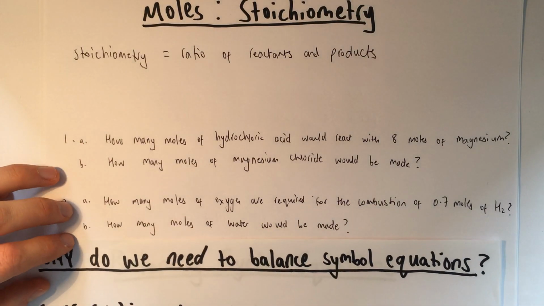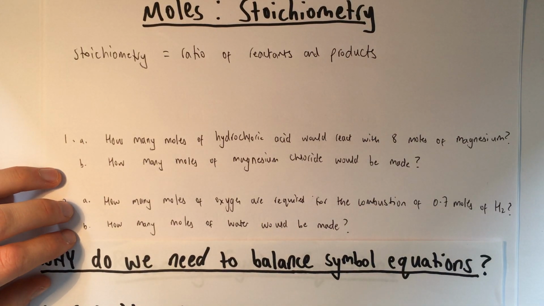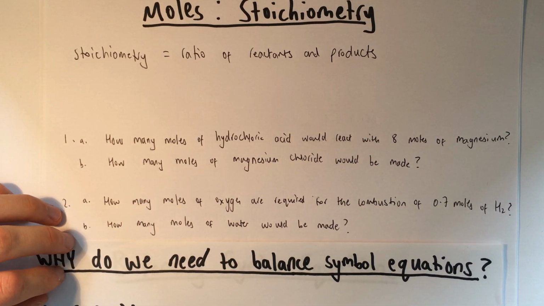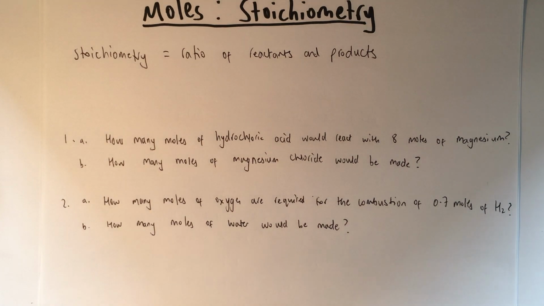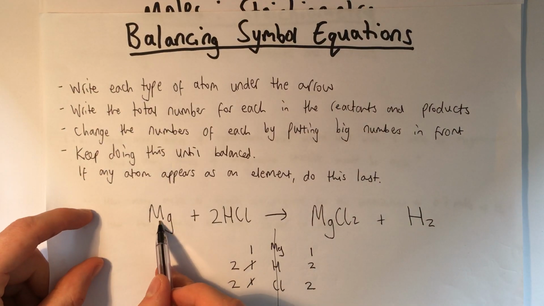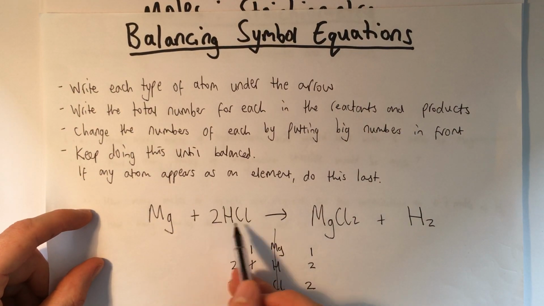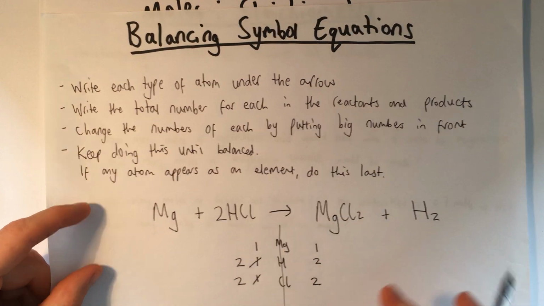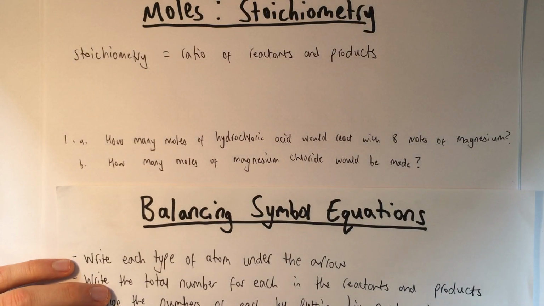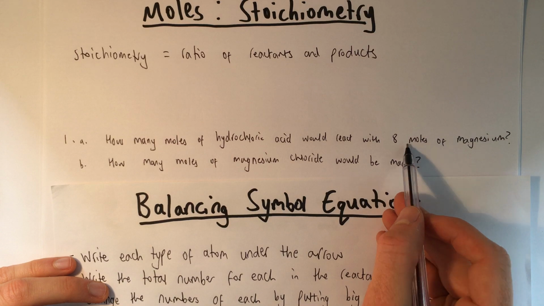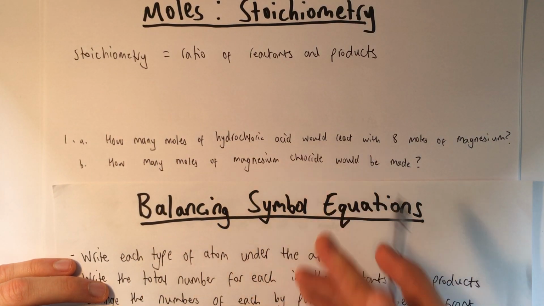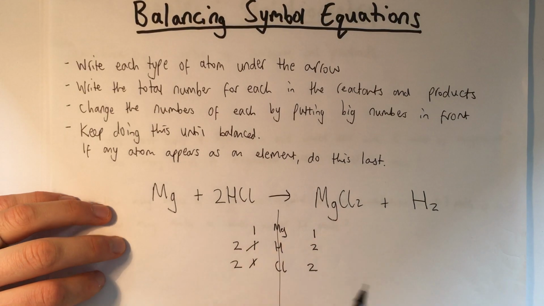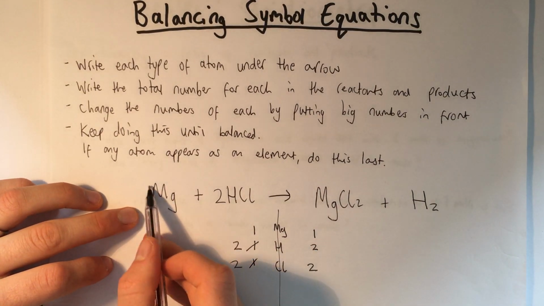So we can use it to answer questions, to work out the ratios reacting. So first of all, let's go with this example, the reaction of magnesium with hydrochloric acid to make magnesium chloride and hydrogen gas. We're asked, if we've got 8 moles of magnesium, how many moles of hydrochloric acid would react with them? Okay, well here's our ratio. There's no number here, so that means 1.